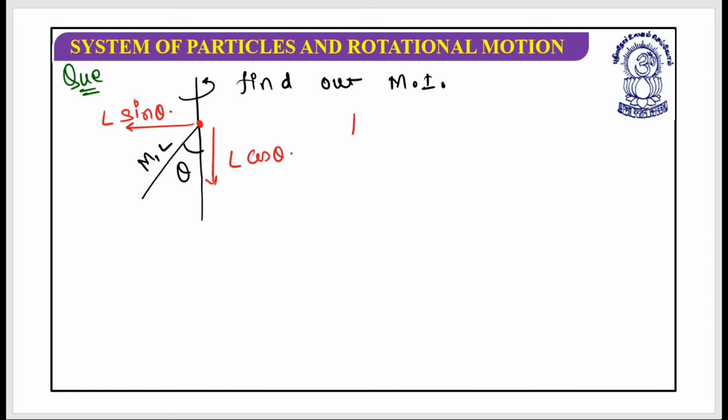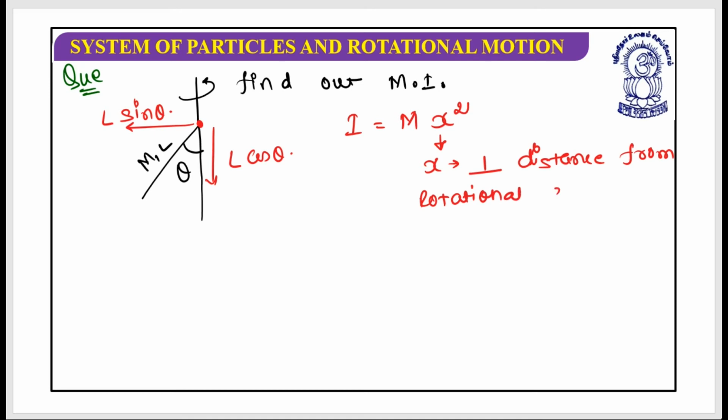When I defined I, the moment of inertia, I called it m into x square, where x was the perpendicular distance from the rotational axis. Please remember this. I always require a component which is perpendicular to the rotational axis, and that is L sin theta. So I write m into x square, where x is L sin theta.